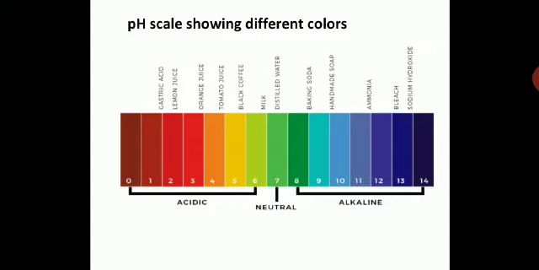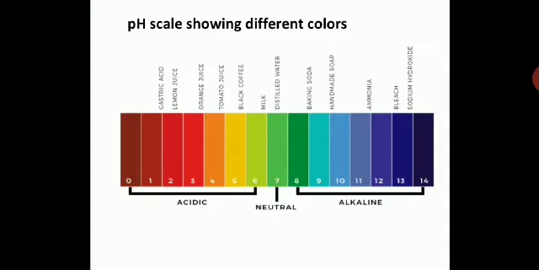Then you have baking soda lying between 8 and 9. Then you have handmade soap lying between 9 and 10. Then ammonia lying between 11 and 12. Bleach is 13, and sodium hydroxide, highly basic, between 13 to 14.